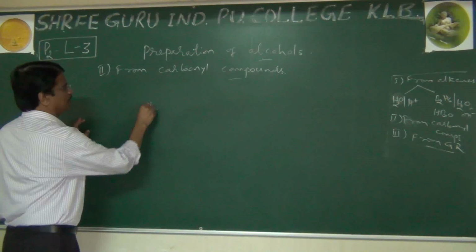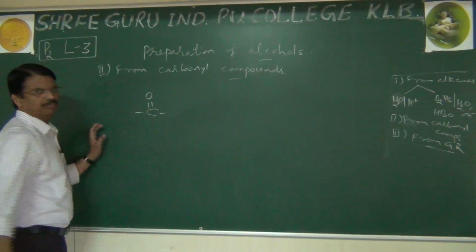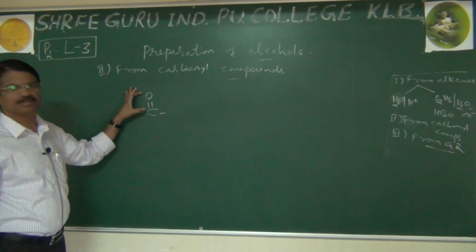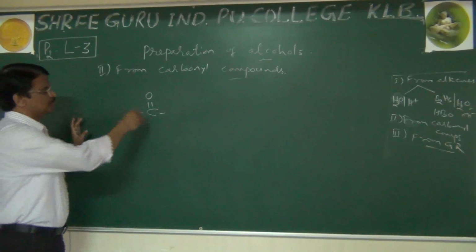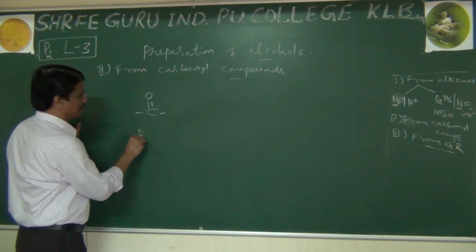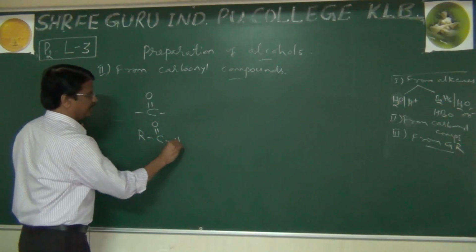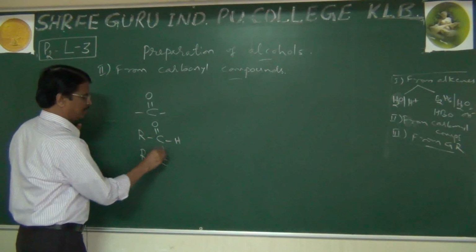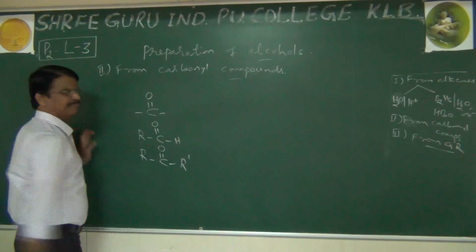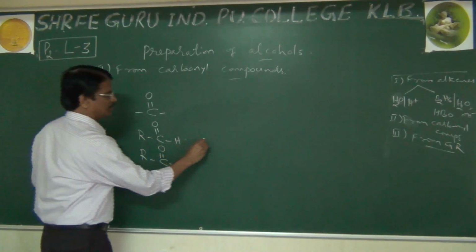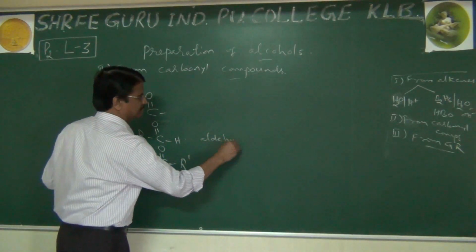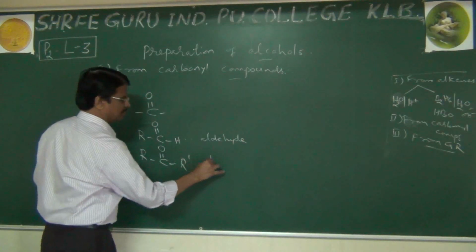If an organic molecule contains a C=O group, this group is carbonyl. Mainly you consider RCHO and RCOR. The first molecule is called aldehyde, the second ketone.